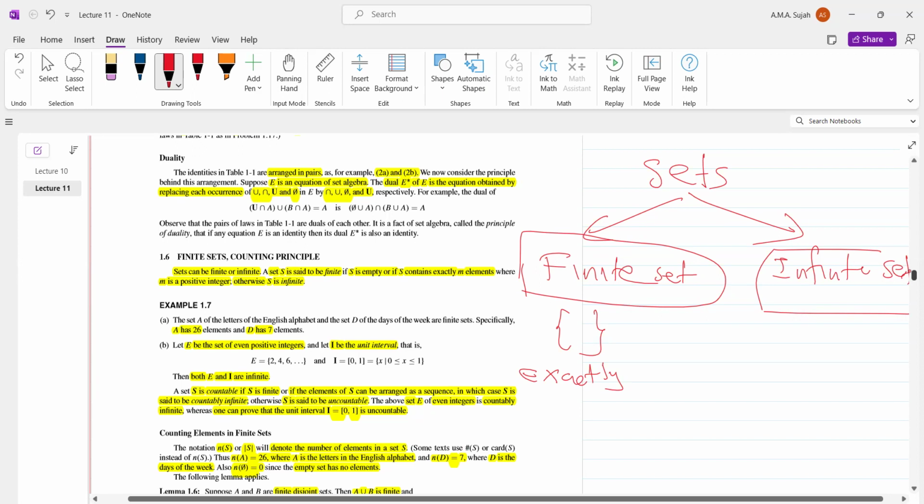Or you know exactly how many elements are in that particular set, we can say that is a finite set, right? If you don't know how many elements belong to the set, we can say that is an infinite set, right? Tell me an example. Any volunteer? Tell me a set for finite set.